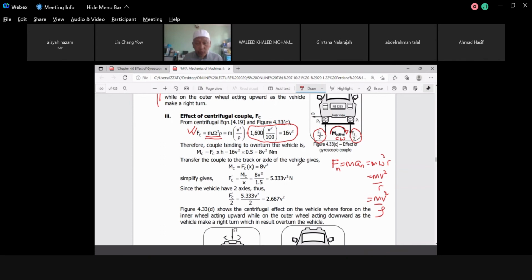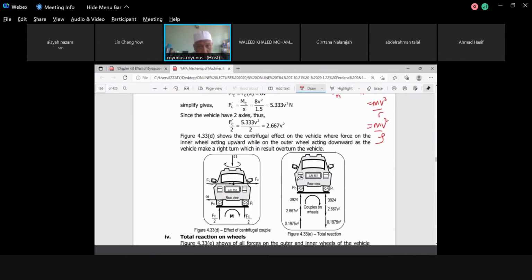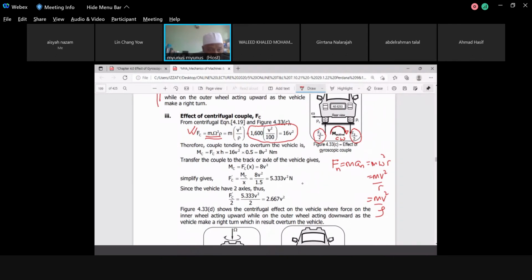Then again, you need to transfer this force onto the wheel. How is it? It's not very difficult. Look at here. Again, I'm constructing this one. Supposing, sorry, it's not correct. Supposing you have a vehicle as such, this one from the rear.